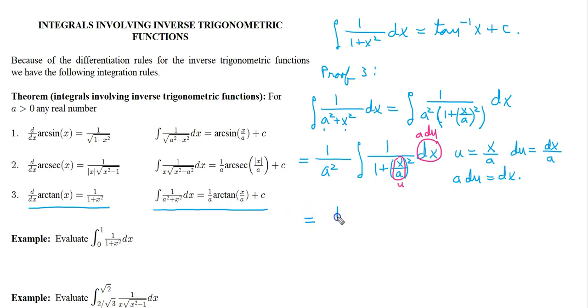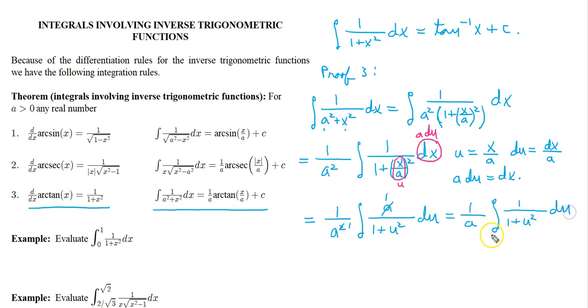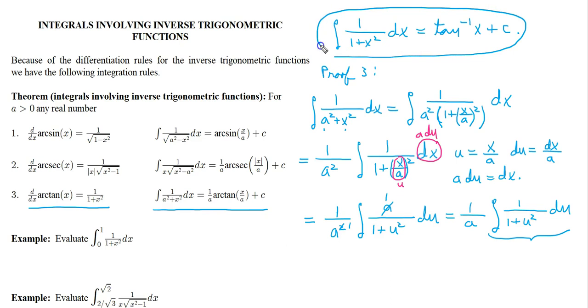And what we get is, canceling these a's here, and now this piece right here is going to be the arctangent of u, using this result up here. Right? This looks just like this with a u in place of the x's.